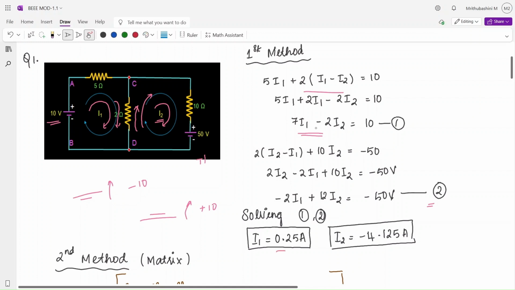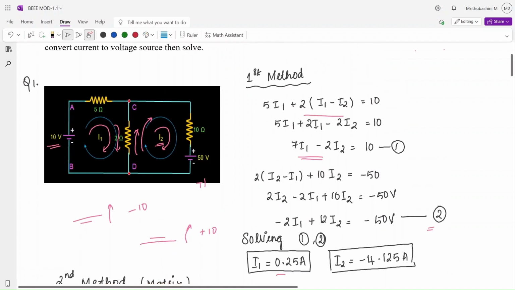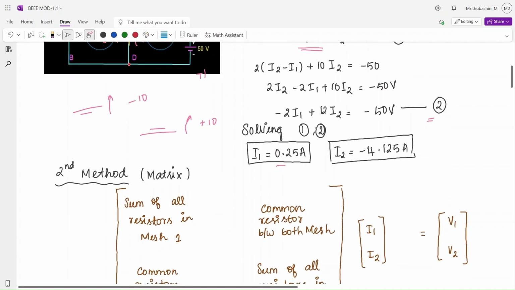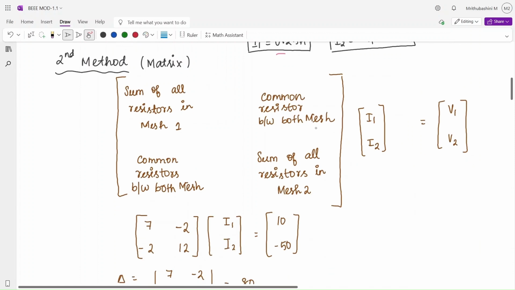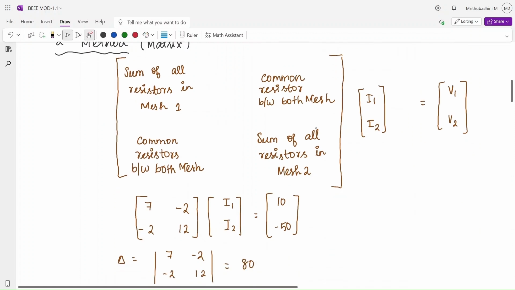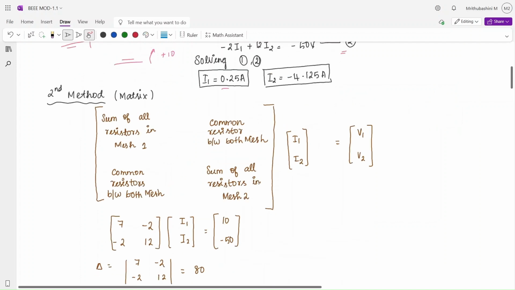I've written it step by step. You just solve it. There's one more method to solve this, which is the matrix method. I generally use the equation method, but there's another method called the matrix method. This is the matrix and this is how you'll write it. In A11 you will write the sum of all the resistors in mesh 1.